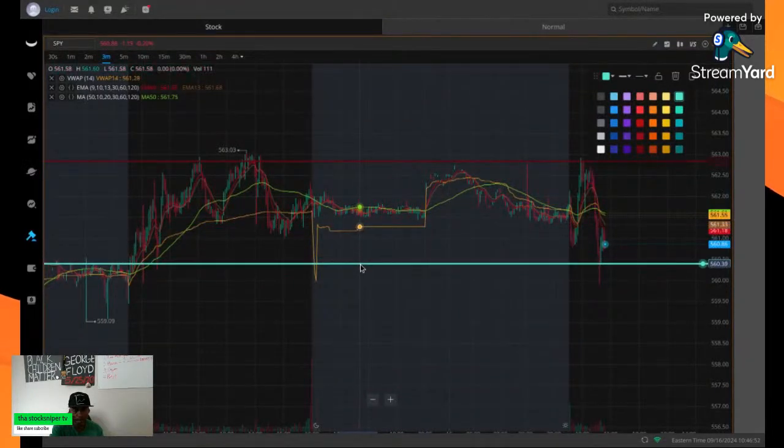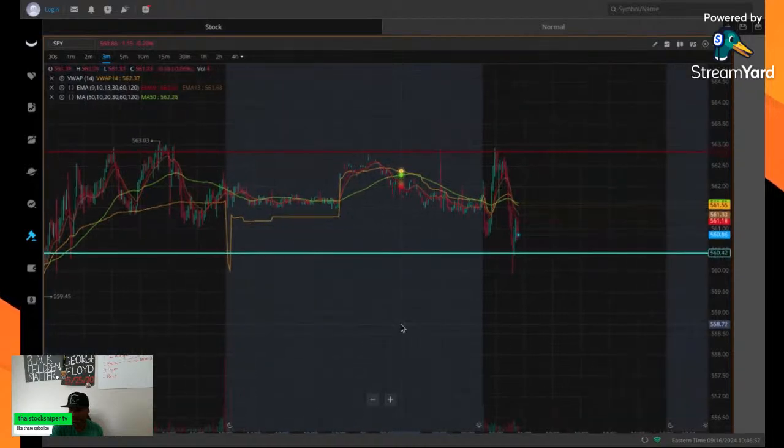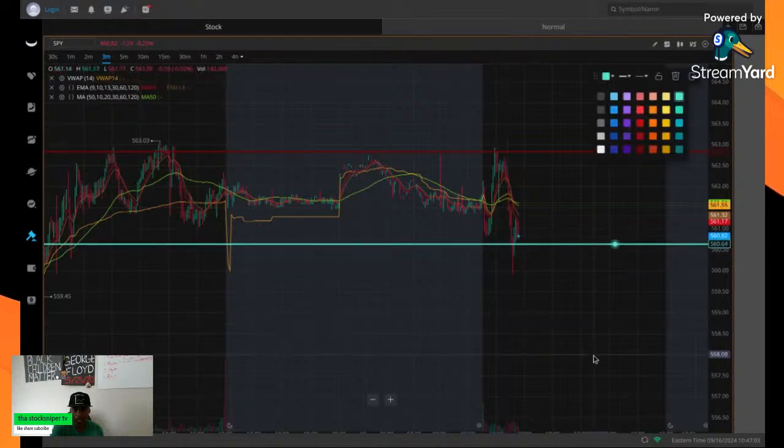So right now we're just watching, trying to see what it's going to do next. Let me put it back right here. But see, the line is always moving according to what you see on the chart.